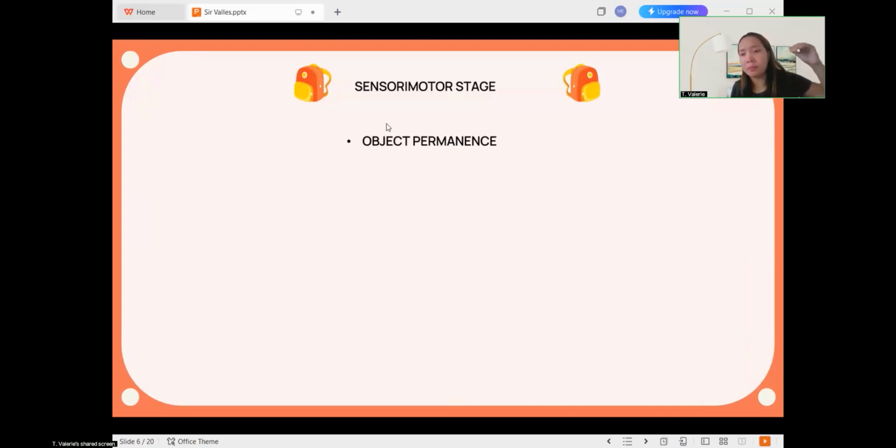Every time the duck toy falls, the child will automatically assume that the duck toy is under the bed. Okay, object permanence. So he will assume that the duck toy is always under the bed every time it falls. Now let's have the second one.